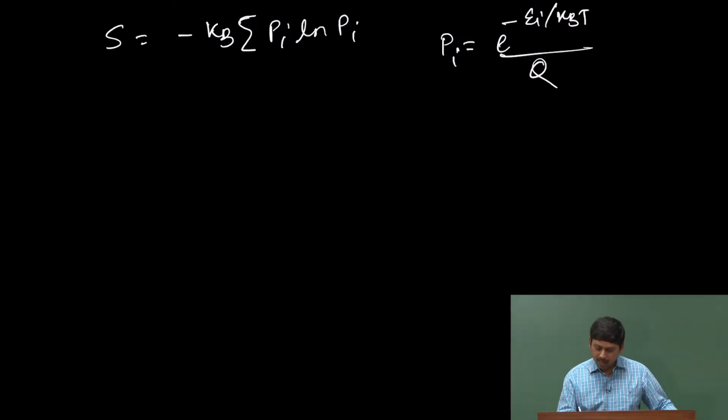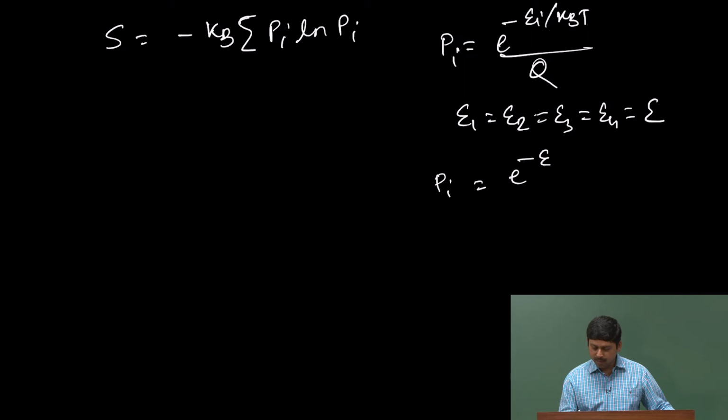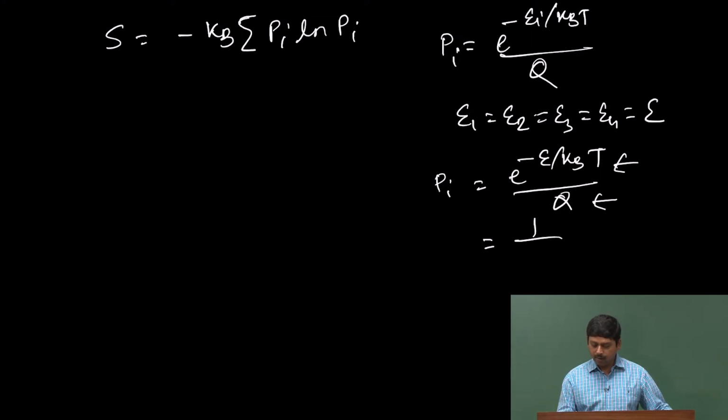That is the Pi. Now, if all energies are equal, that means E1 equal to E2 equal to E3 equal to E4, all states are equal to E, then I can write Pi as e to the power minus E by Kbt by Q, which simply means that this is a constant term, which means this is nothing but a constant term 1 by W.